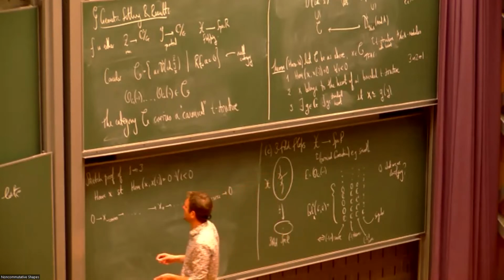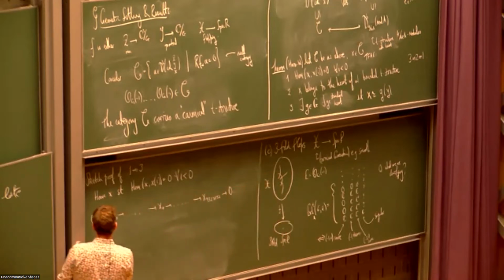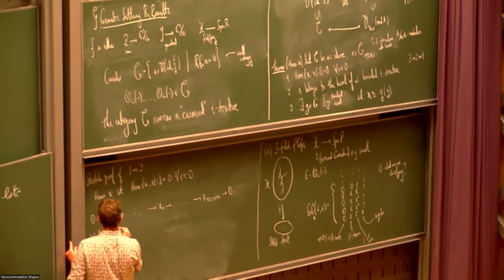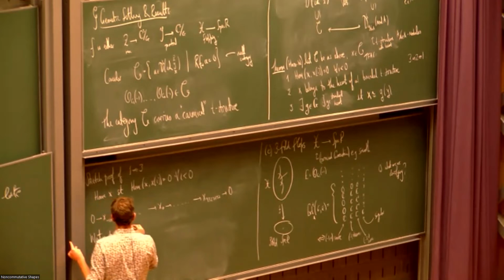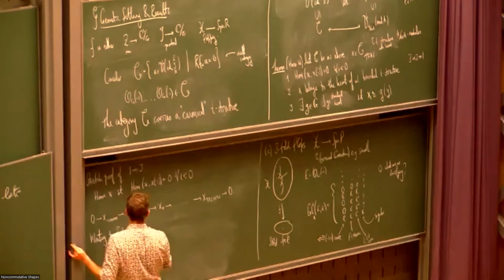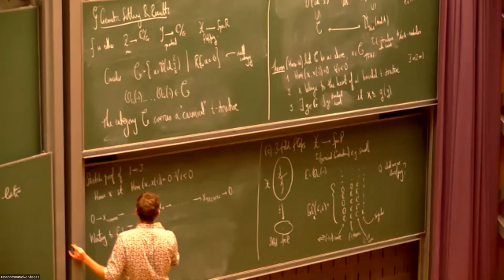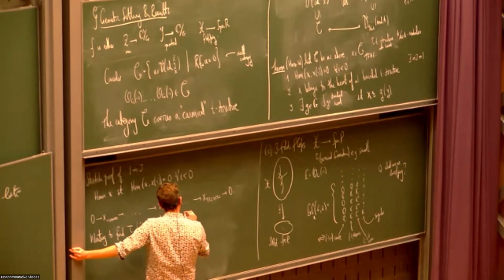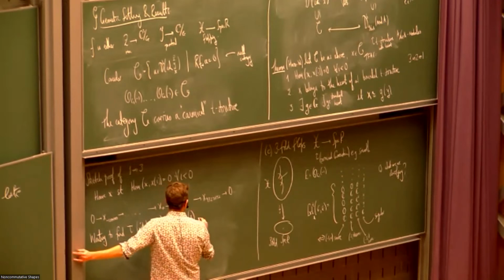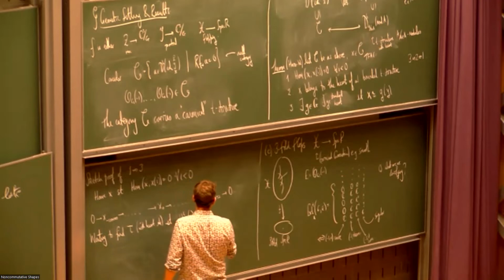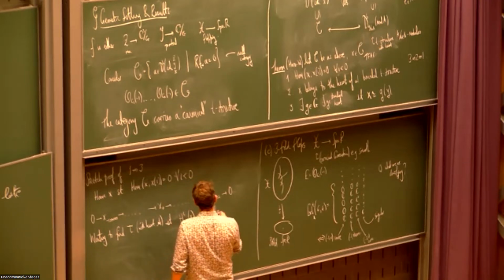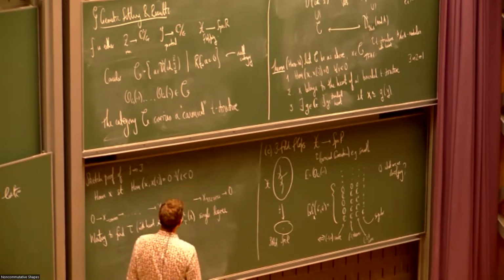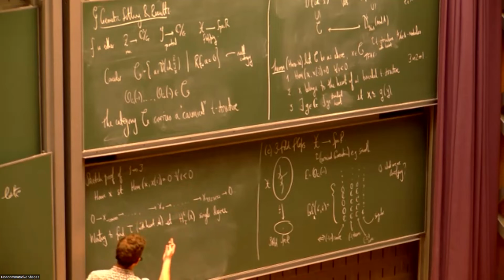And so what you're wanting is to find a T structure, or heart A, such that the cohomology functors with respect to X are a single degree. So if you believe the theorem, this has to be true.